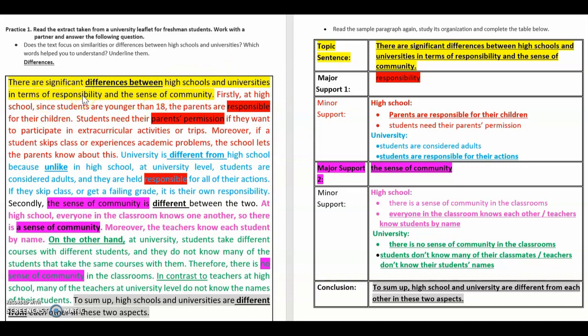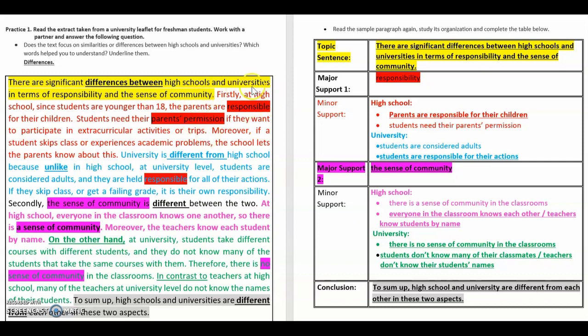So I understand that this writer will talk about these bases of comparison, these major ideas in the following sentences. So this means it's an open topic sentence because it provides us with the major ideas at the very beginning. We are going to talk about this later in detail.